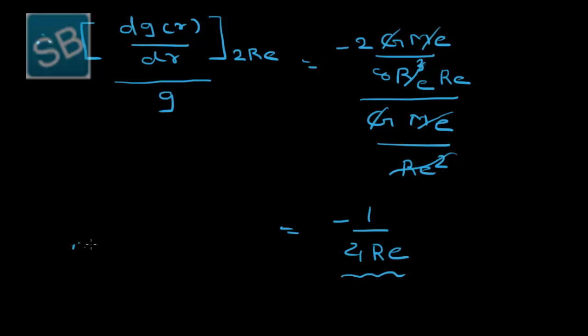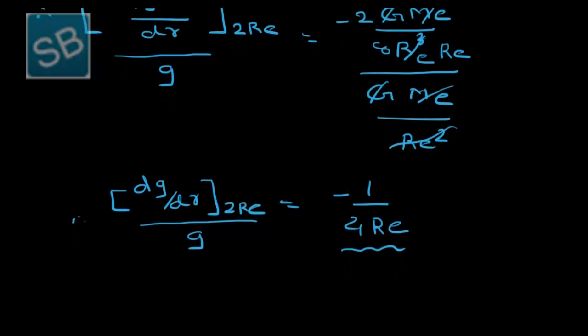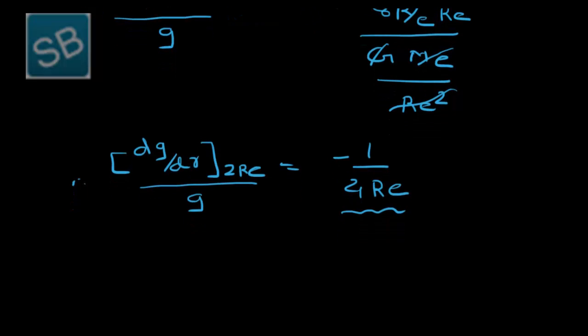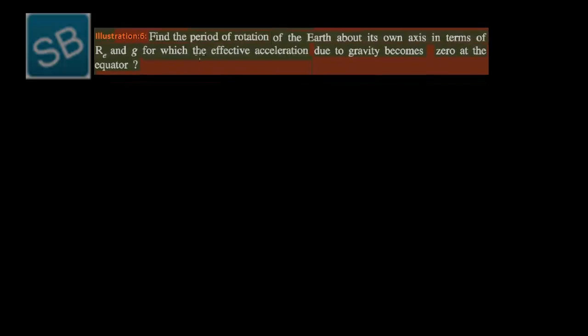And therefore the ratio of the rate of change of acceleration at a height equal to the Earth's radius from the Earth's surface to the value of gravitational acceleration at the Earth's surface is equal to minus 1 upon 4RE, and hence the result is proved. Let's start illustration number 6.